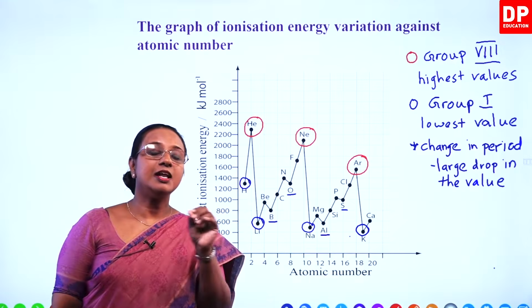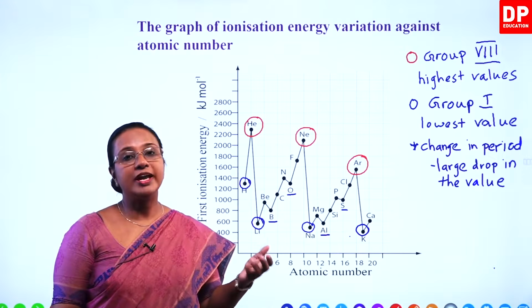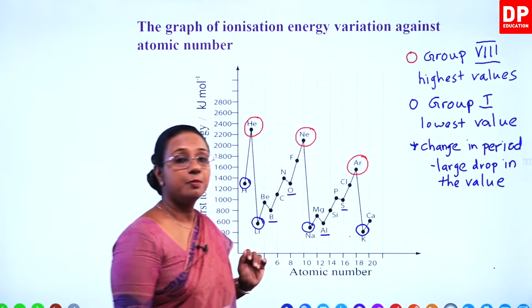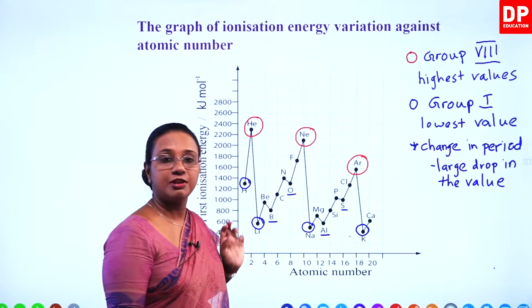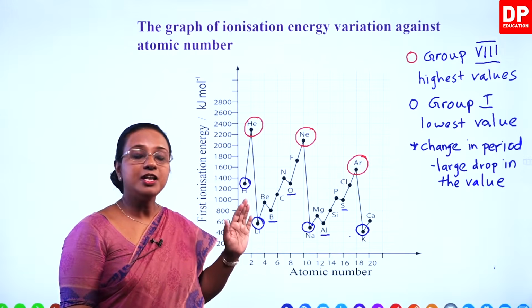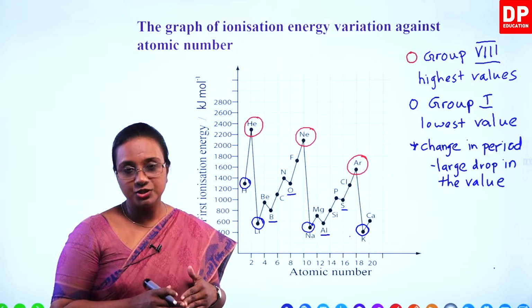They will just identify the elements as maybe A, B, C, D or X, Y, Z. If you know all these points, the patterns related to the first ionization energy graph, then you can identify the elements that are given to you.